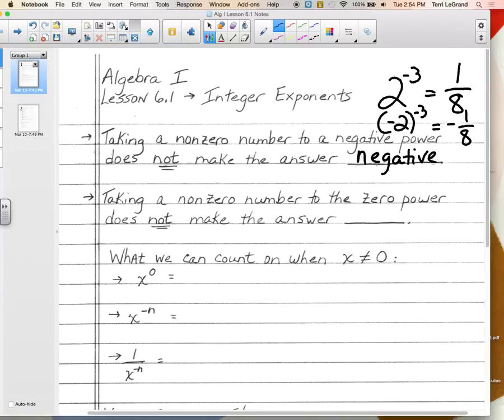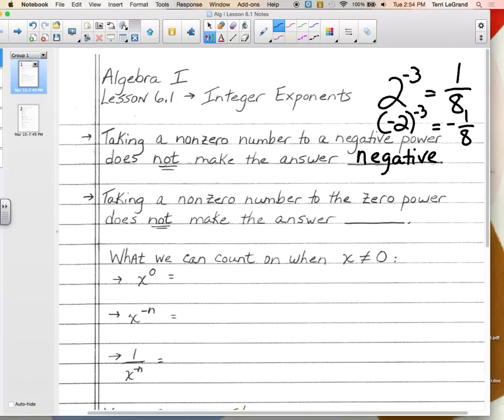I just said, oh my gosh, can you believe anything I say? I just said, when you take it to a negative power, it will not make the answer negative. But it isn't because it's to a negative power, it's because it was a negative base. A negative times a negative is a positive, and then a third time, a positive times a negative is a negative.